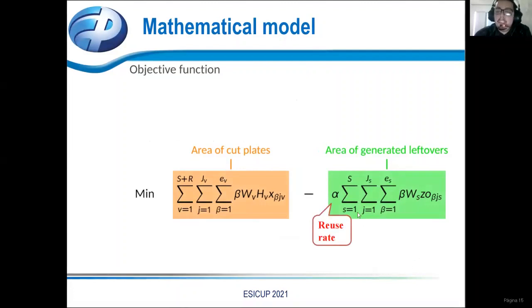And here we use a parameter alpha that we call reuse rate that is used to give us a more realistic scenario, since we cannot guarantee that usable leftover that we generate today will not give us waste when it will be cut in the future. So we use this reuse rate in our objective function.